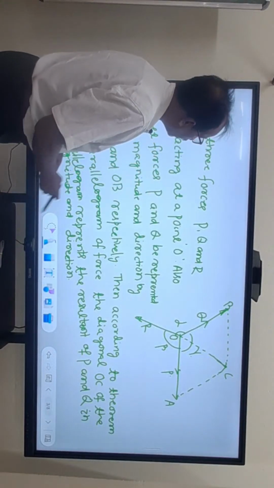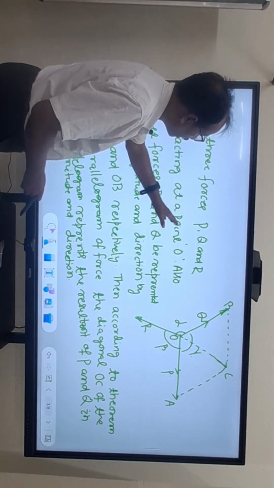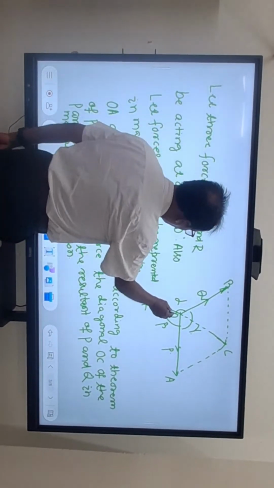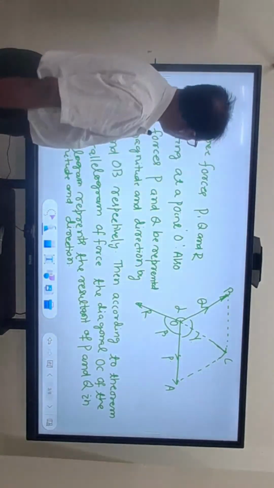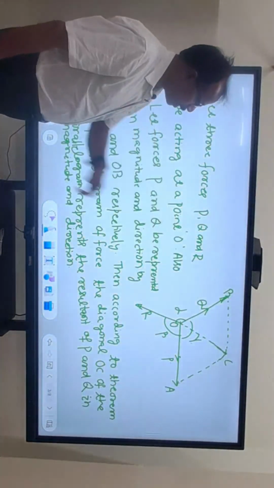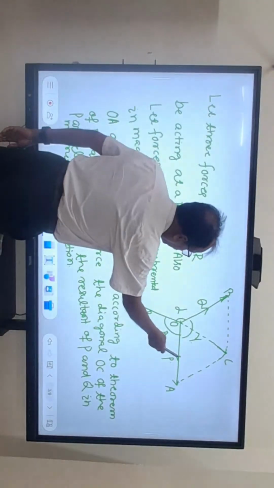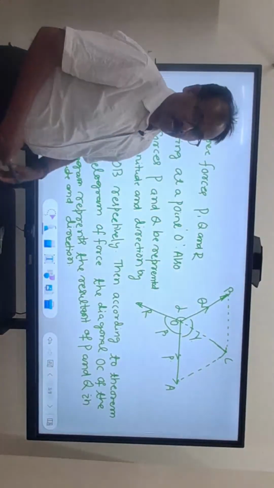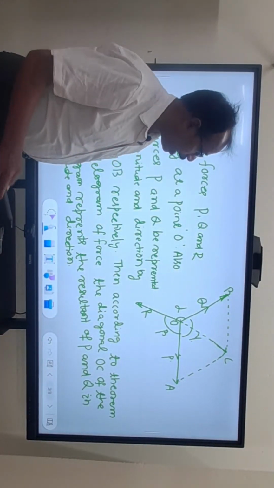Let forces P and Q be represented in magnitude and direction by OA and OB.